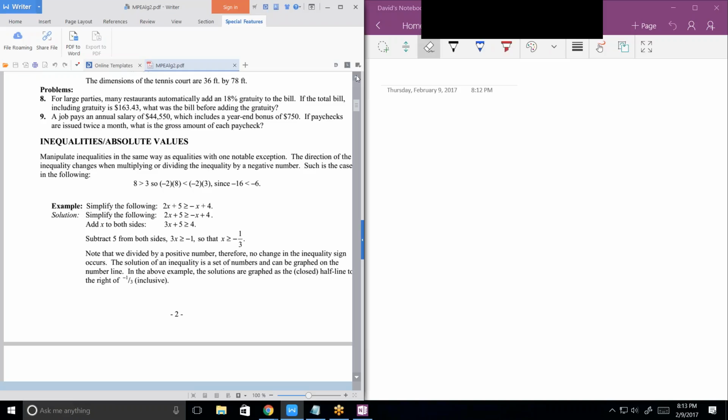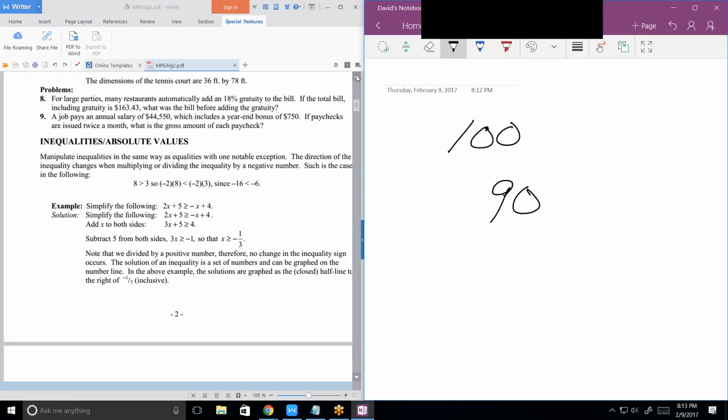That's not true. If I take the number 100 and I drop it by 10%, what's it go to? 90. Now take the number 90 and raise it by 10%.